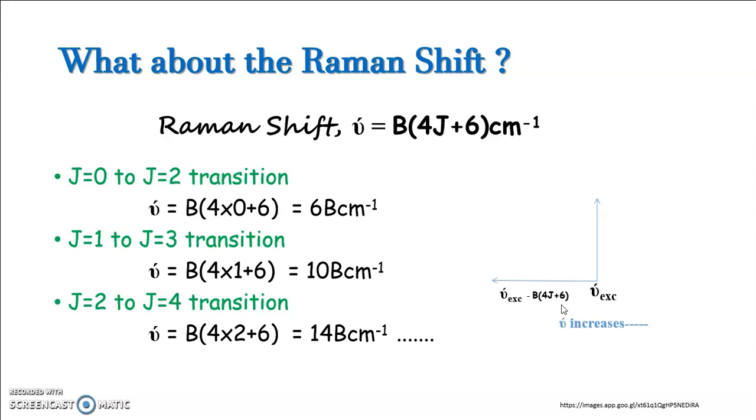While if the molecule loses rotational energy to the photon during collision, we will have a series of lines at the higher wave number, that is nu bar excitation plus B into 4J plus 6 centimeter inverse.